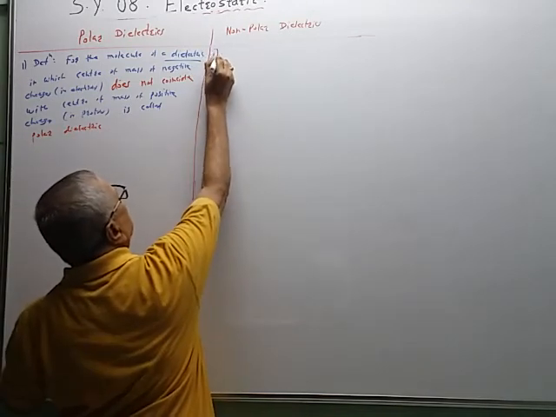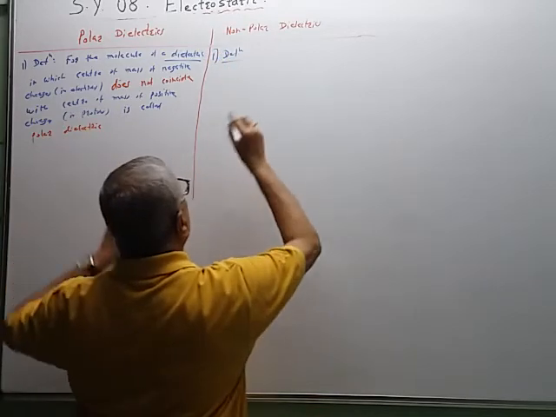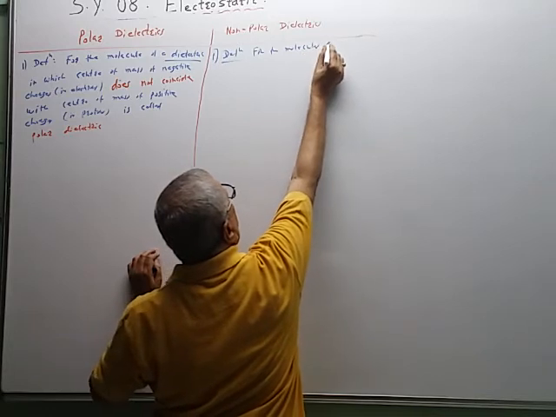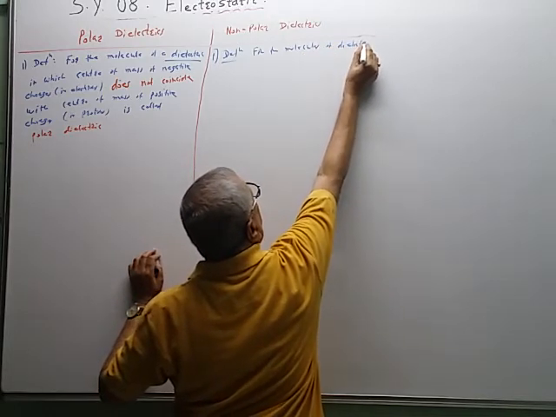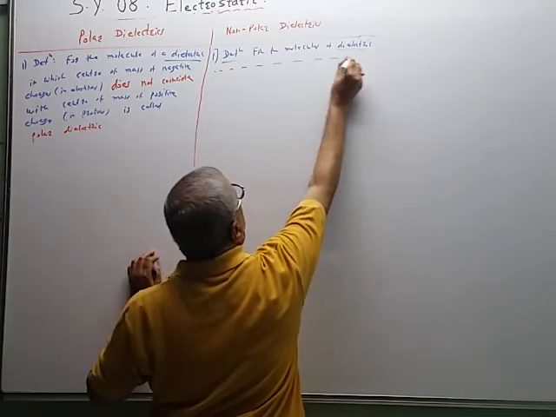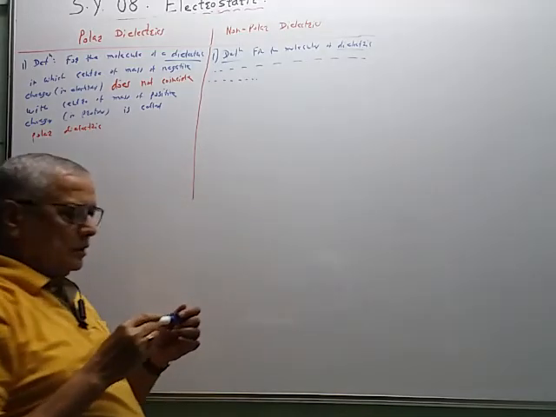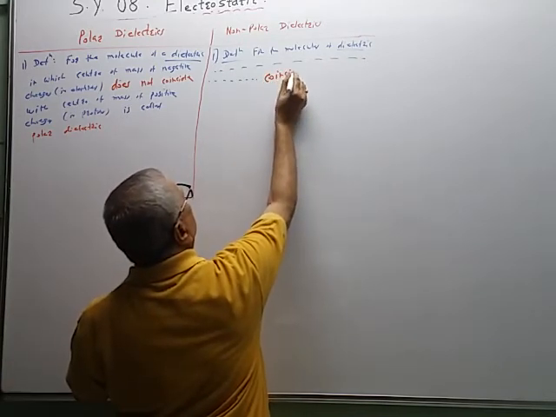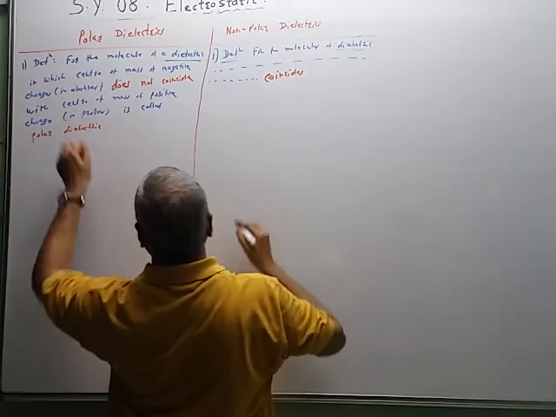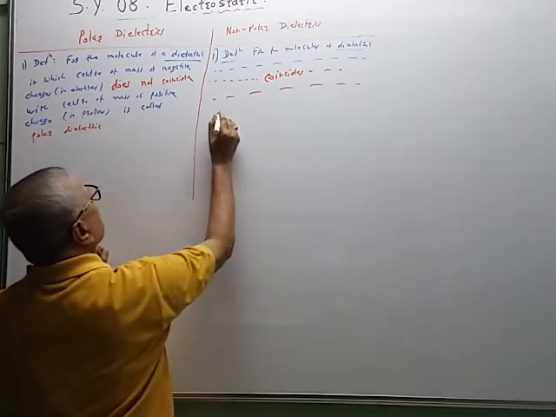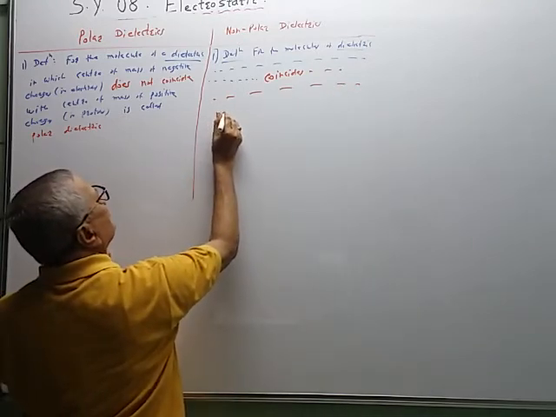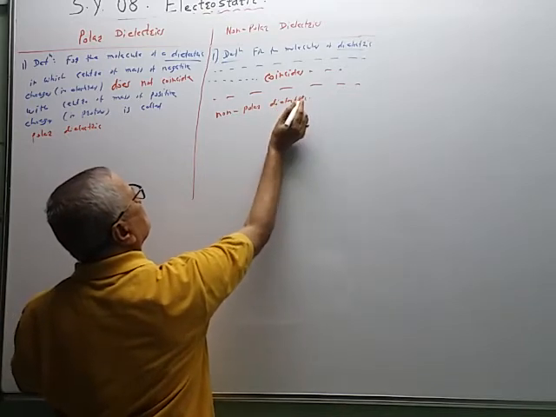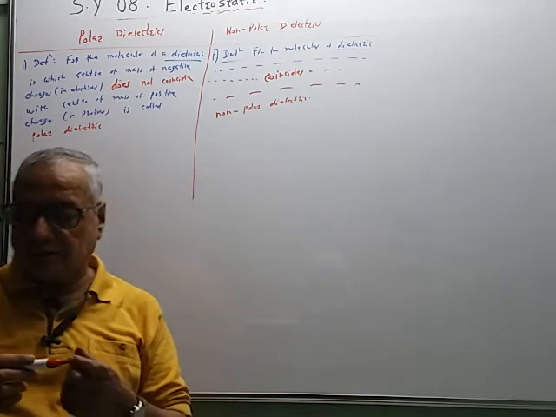On the other hand, the definition for molecules of a dielectric in which the center of mass of the negative charges coincides with the center of mass of positive charges is called non-polar dielectrics. Polar and non-polar, this is the difference.